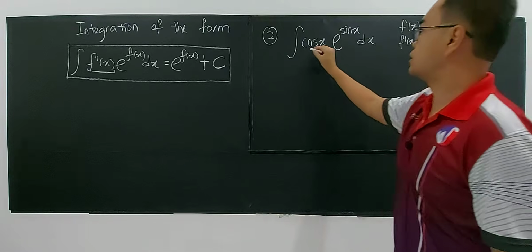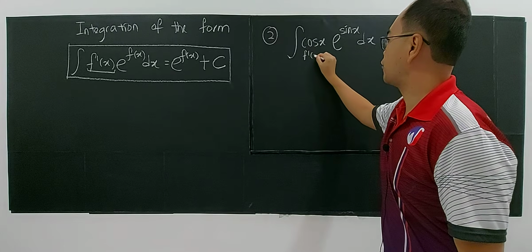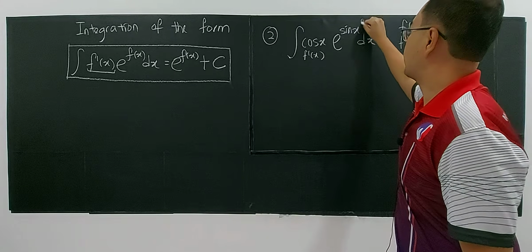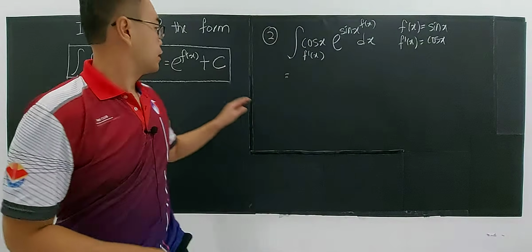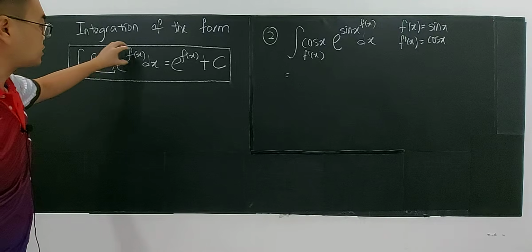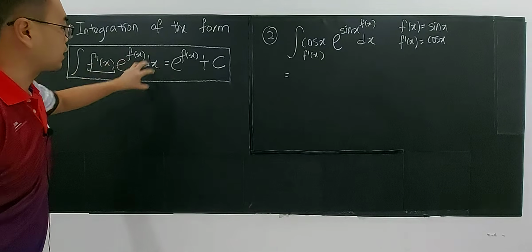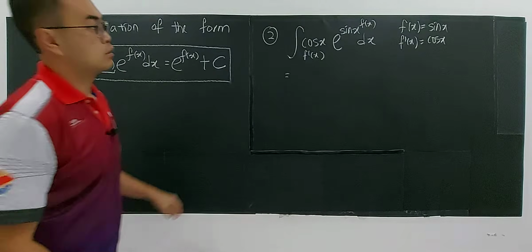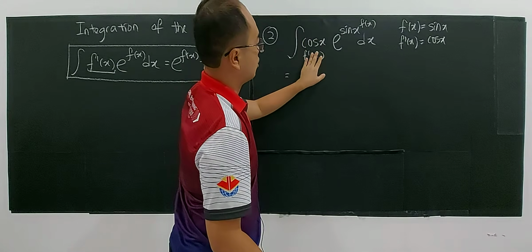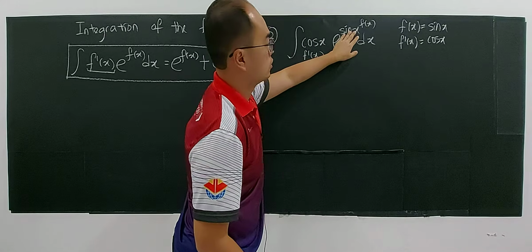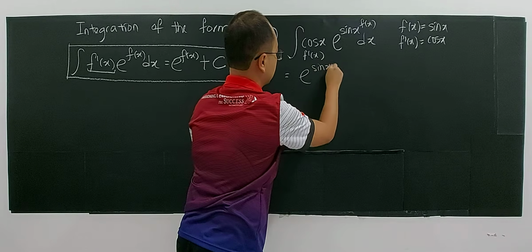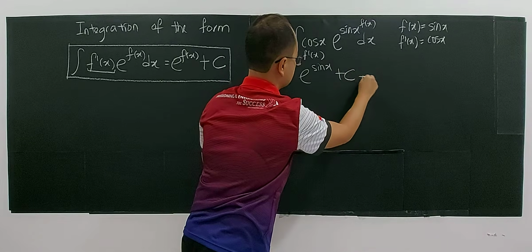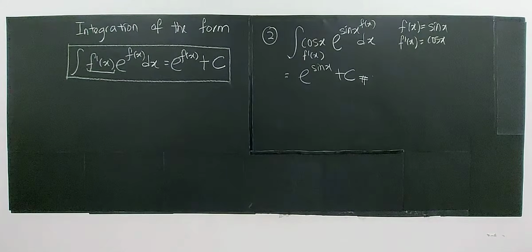So this is f prime x, and this is your f(x). Following the format of this formula, as long as you see f prime x and e to the f(x), you just copy that. So you have cos x e to the f(x), and you just copy it: e to the sine x plus c. That's the answer. Very simple.